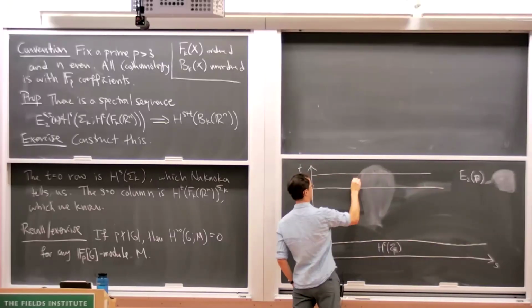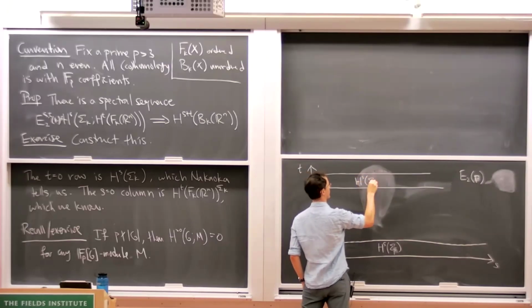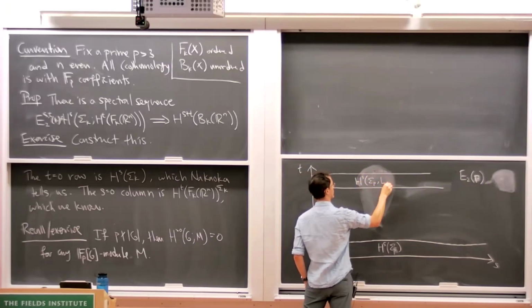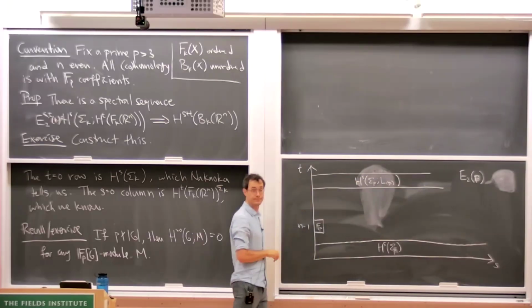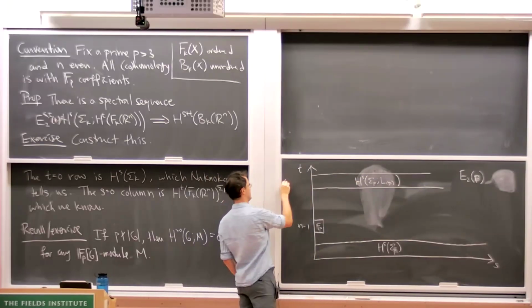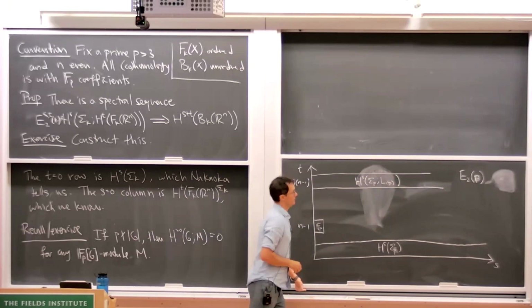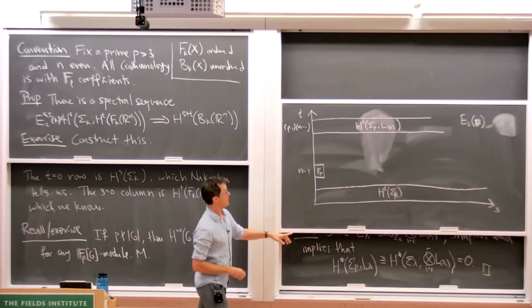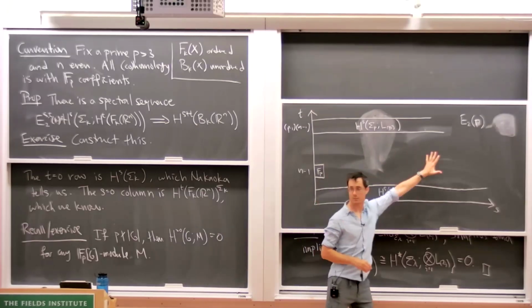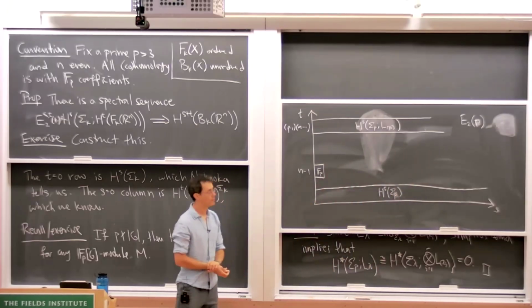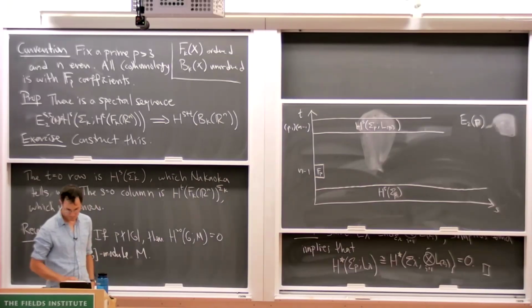And what goes there is H of sigma p with coefficients in L p. Okay, and this is in degree (p minus 1) times (n minus 1). And everything else is 0. Everything that's not indicated in one of these rows is 0.